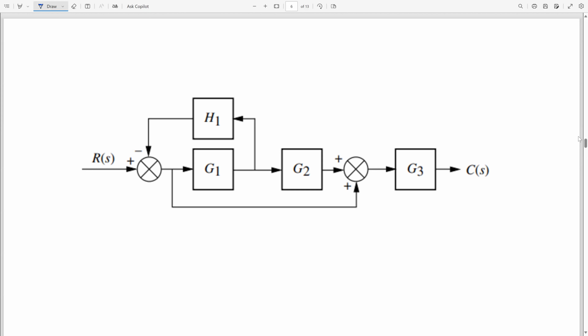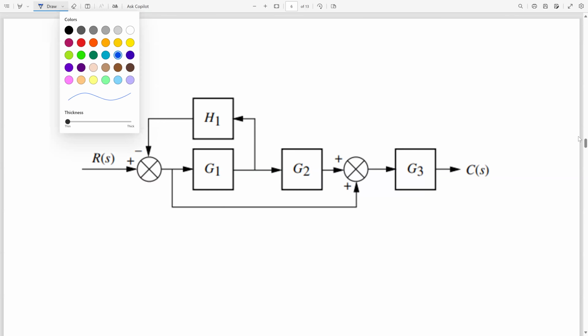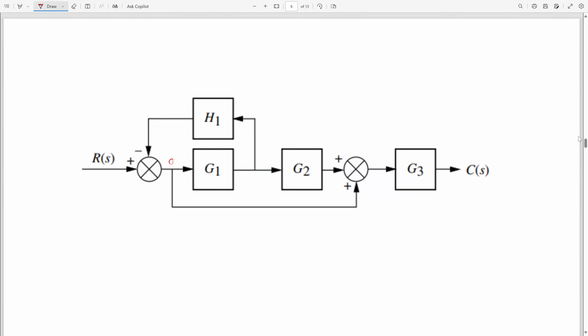So the first step is to identify our signals. This is our input signal, R of S, and this is our output signal, C of S. The next step is to identify the internal signals. I can name them the way that I feel, so this signal here is A. I always advise you to search for the forward path. The forward path is the straight path from the input to the output.